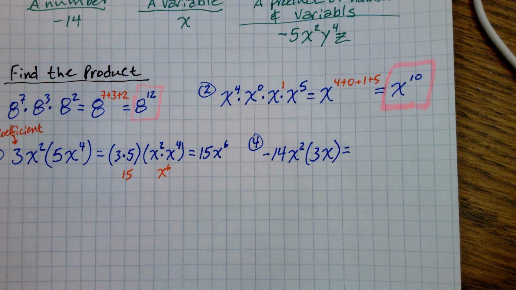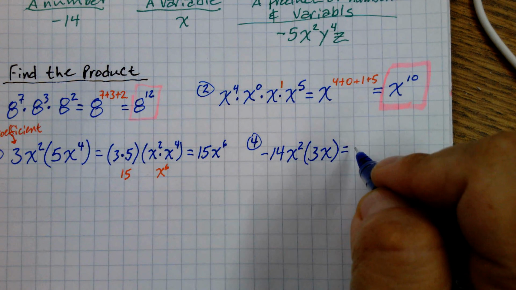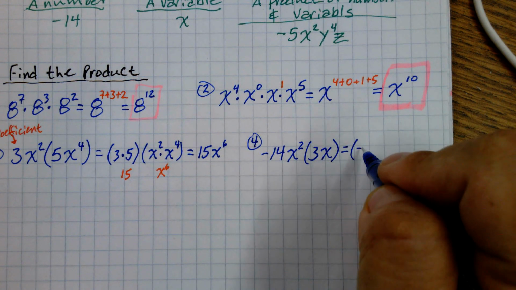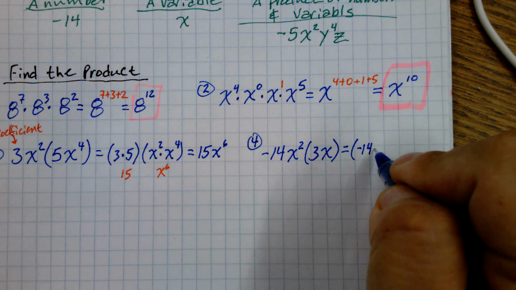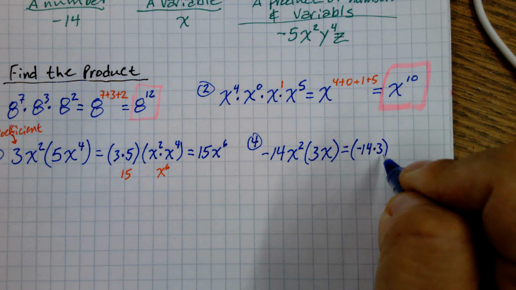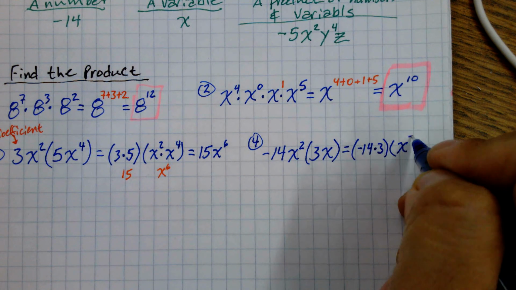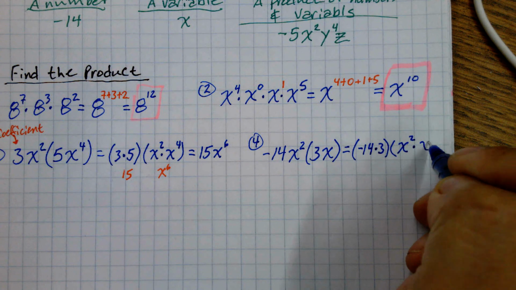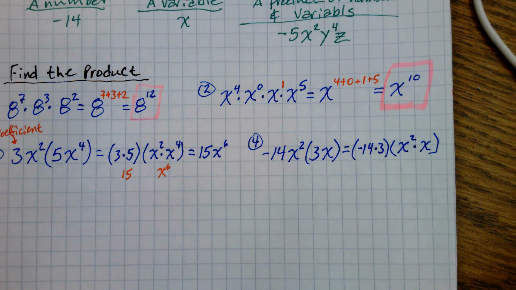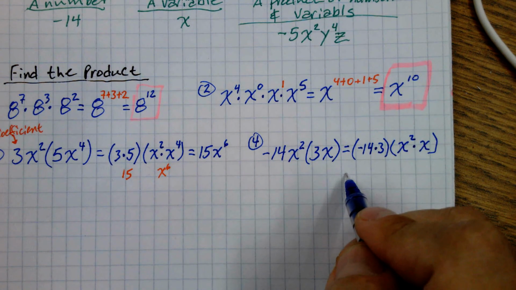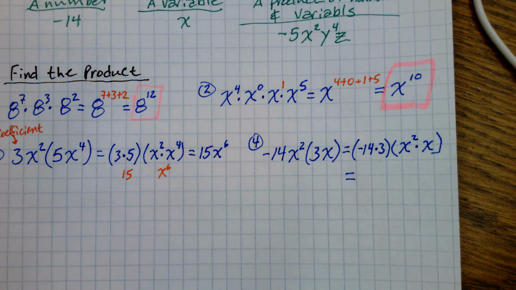Again, since this is the notes, I want to break this up and show the steps. Negative 14 times 3. X squared times x. And I'll write the answer underneath.